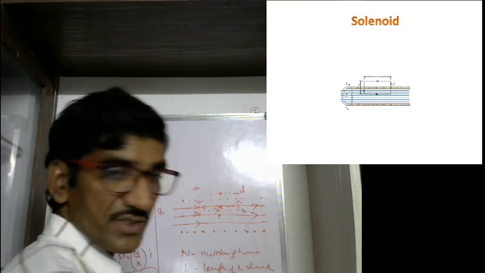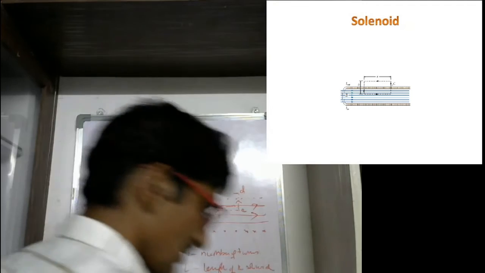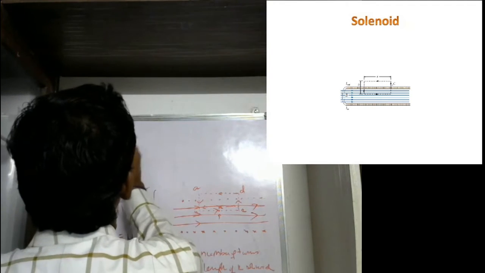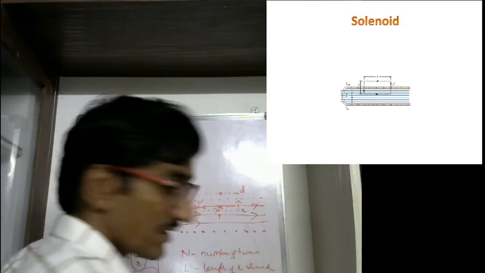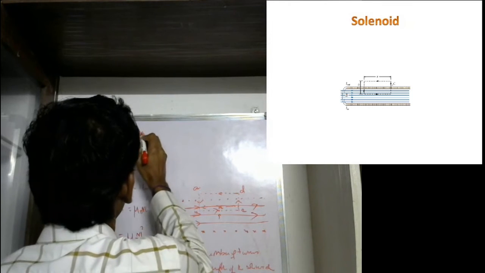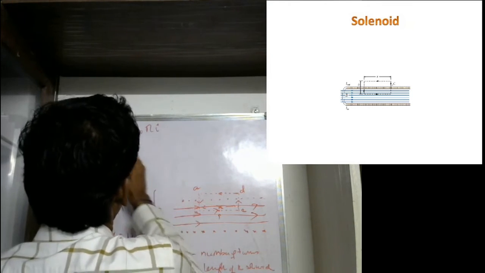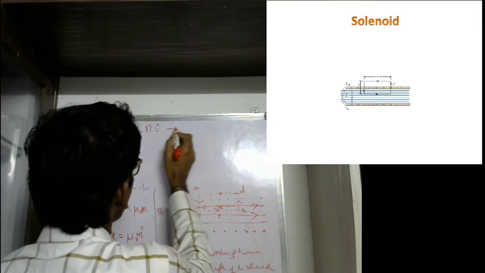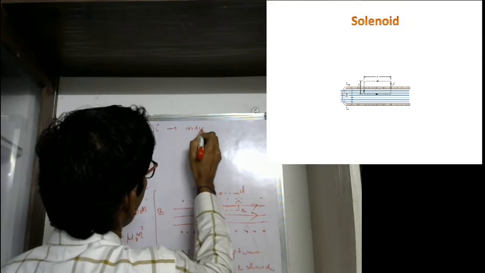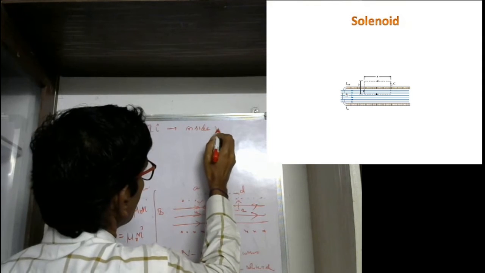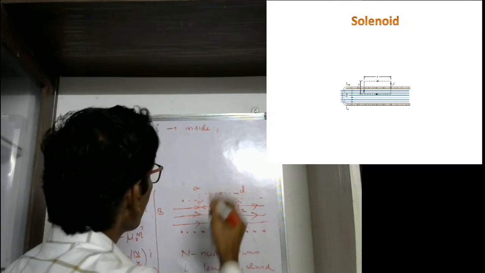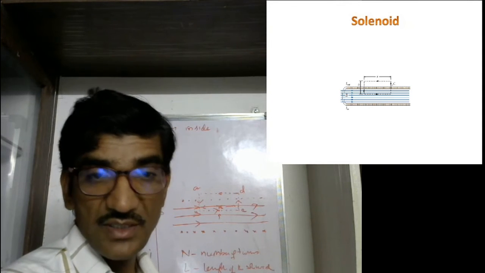In the middle portion of the solenoid, I will write both formulas. The magnetic induction formula here is mu naught Ni. This is applicable for the inside of the solenoid, and inside that, in the middle portion.